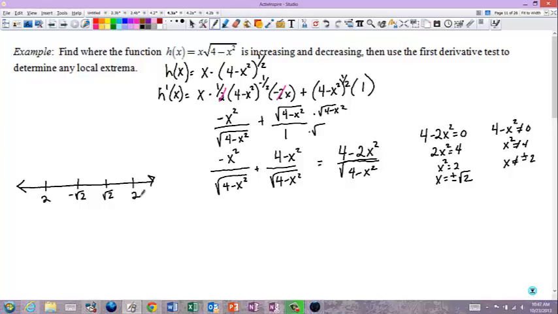If we look at our original function, we can't keep going because of the domain. Remember that you can't take the square root of a negative number, so 4 minus x squared has to be greater than or equal to 0. That's the same thing as saying x squared is less than or equal to 4. That's a conjunction, so it's between.